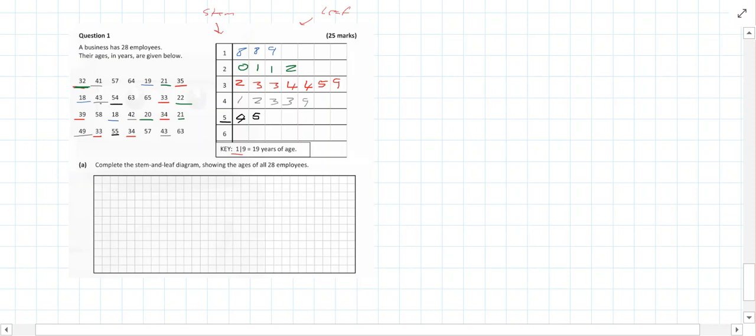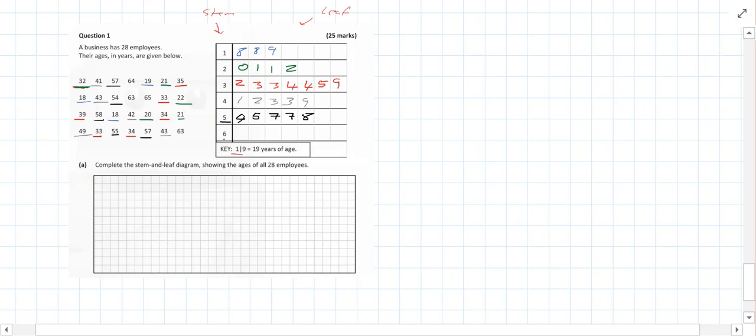No, it didn't have 56. Do we have 57? Yeah, so 57 is here. Do we have any other? So we have another 57 there. And what have we got left then? And then we have 58.